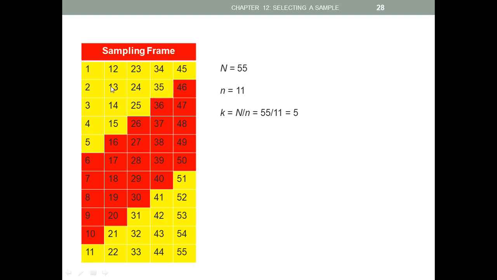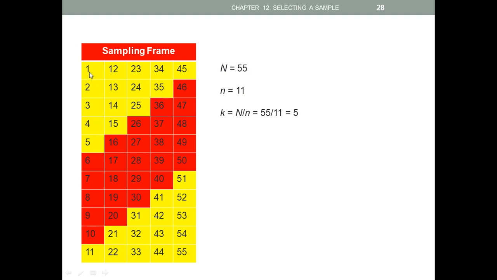The next step is to select one participant or one element from the first interval. So there are 5 participants in this interval: participant number 1, number 2, number 3, number 4, and number 5. How do we do that? Very simple.